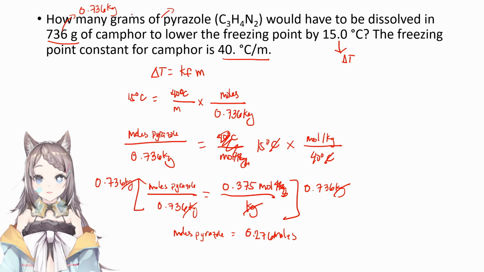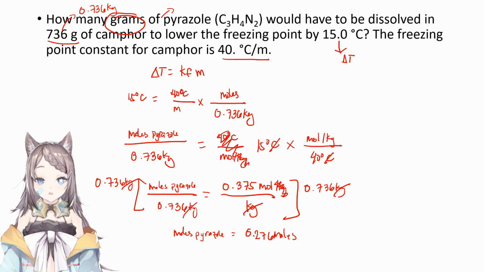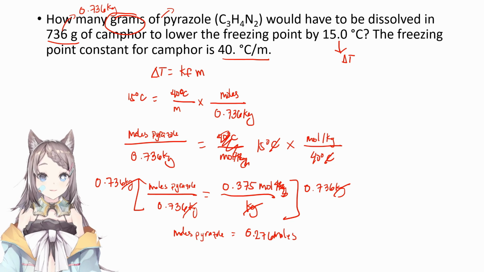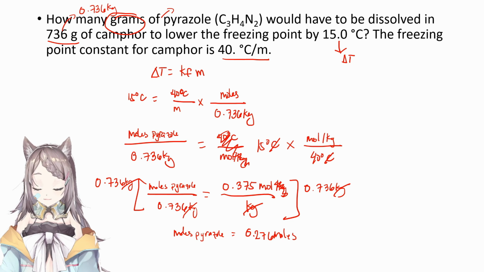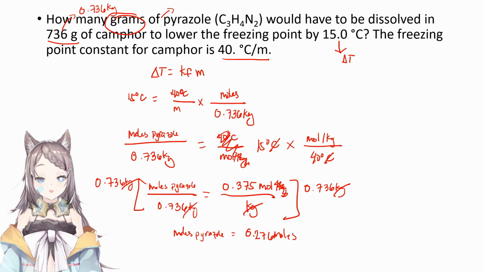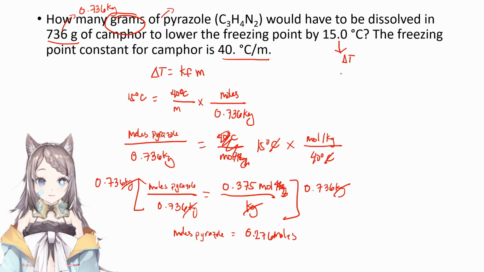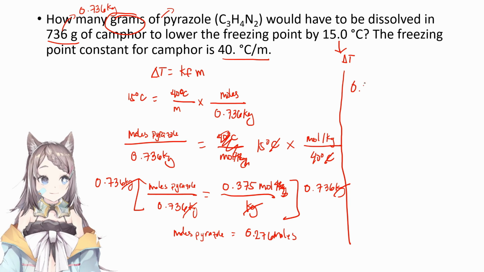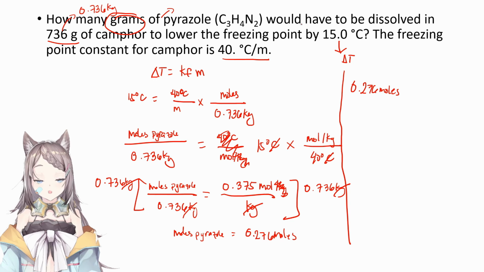Why? Because what we need is grams. So to get grams, we need to multiply the number of moles by our molecular weight. So let us save some part of the screen here. 0.276 moles. We still don't have the molecular weight.